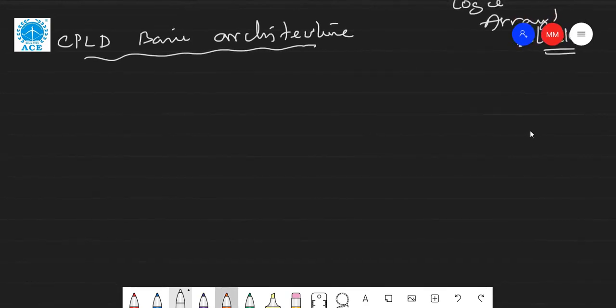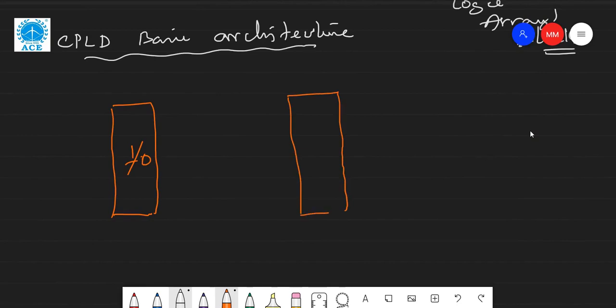So we have an IO block, and this is the interconnect array, or interconnect matrix also it is called. And this is again an IO block. IO pins are generally input output pins.